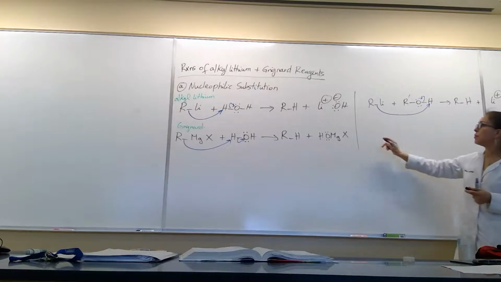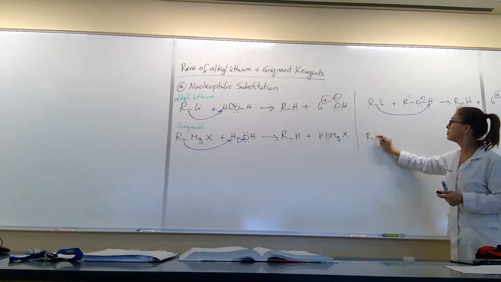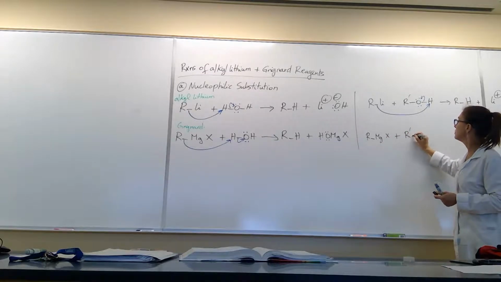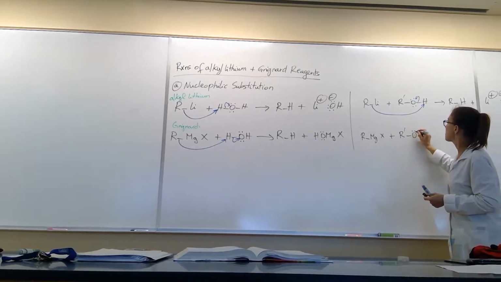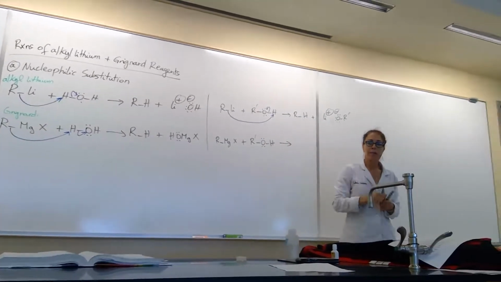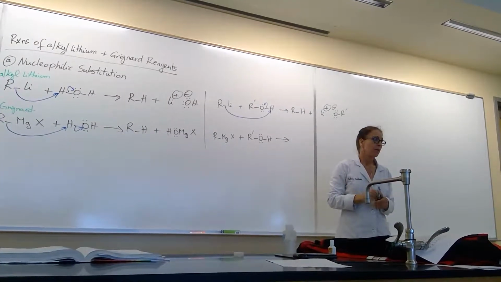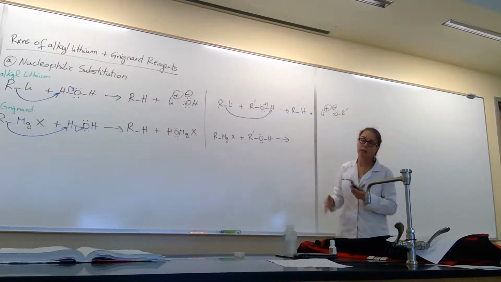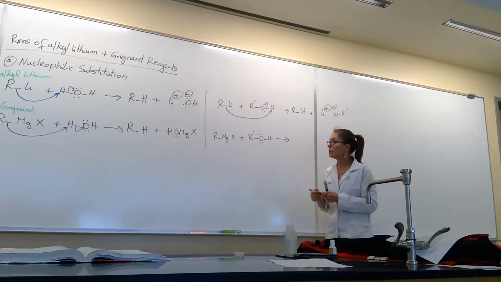So I can do the same with the Grignard. So both of these, Grignard and lithium reagents, you put them in water, you put them in alcohol, you end up with an alkane, which is not interesting.